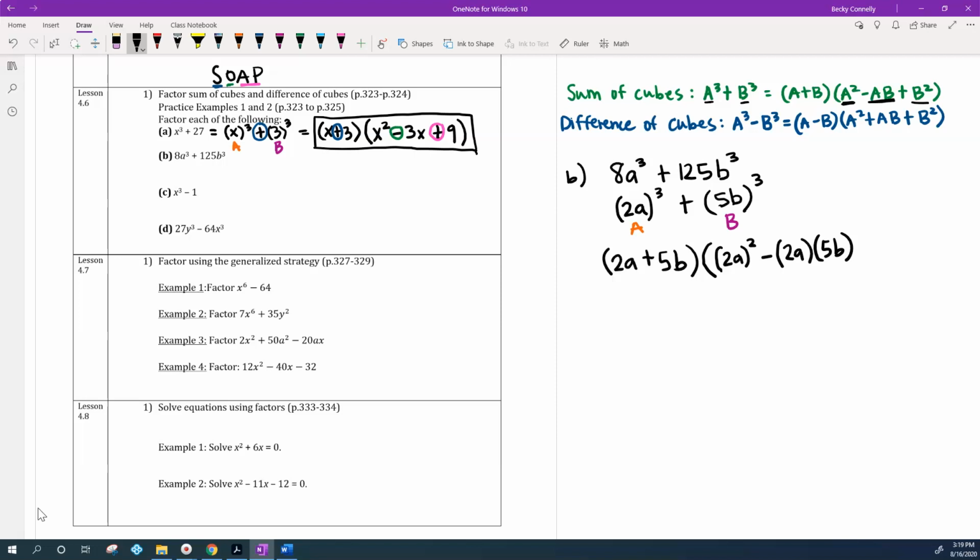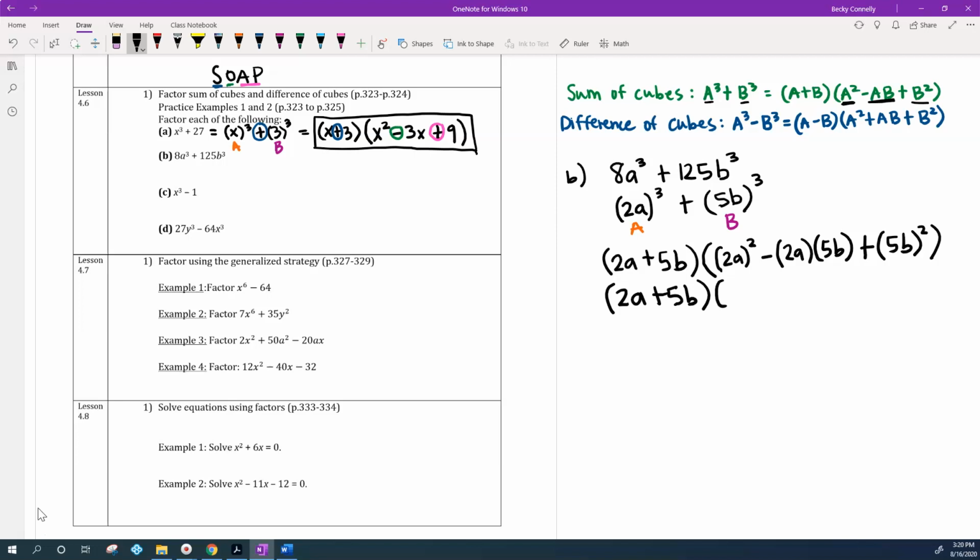The last term is b squared, so I'll do plus 5b, that whole thing squared. Now I've got some simplifying to do in that second set of parentheses, but the first one, let's just bring down just like it is.